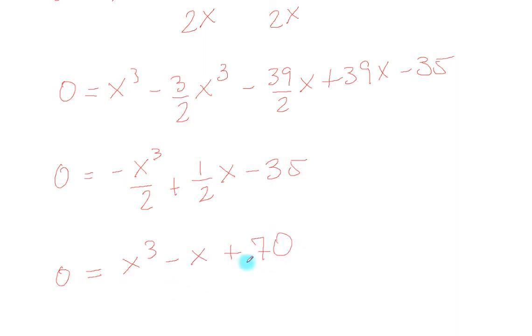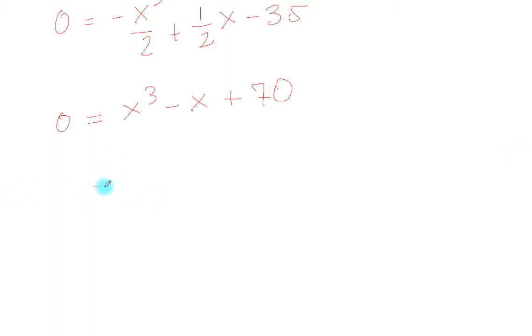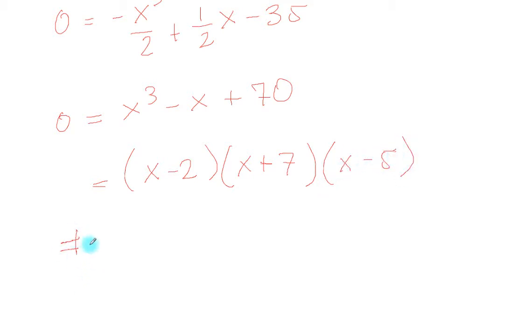And this factors into what? Well, this is a factor of x minus 2, x plus 7, and x minus 5. So this implies that x equals 2, minus 7, and 5.